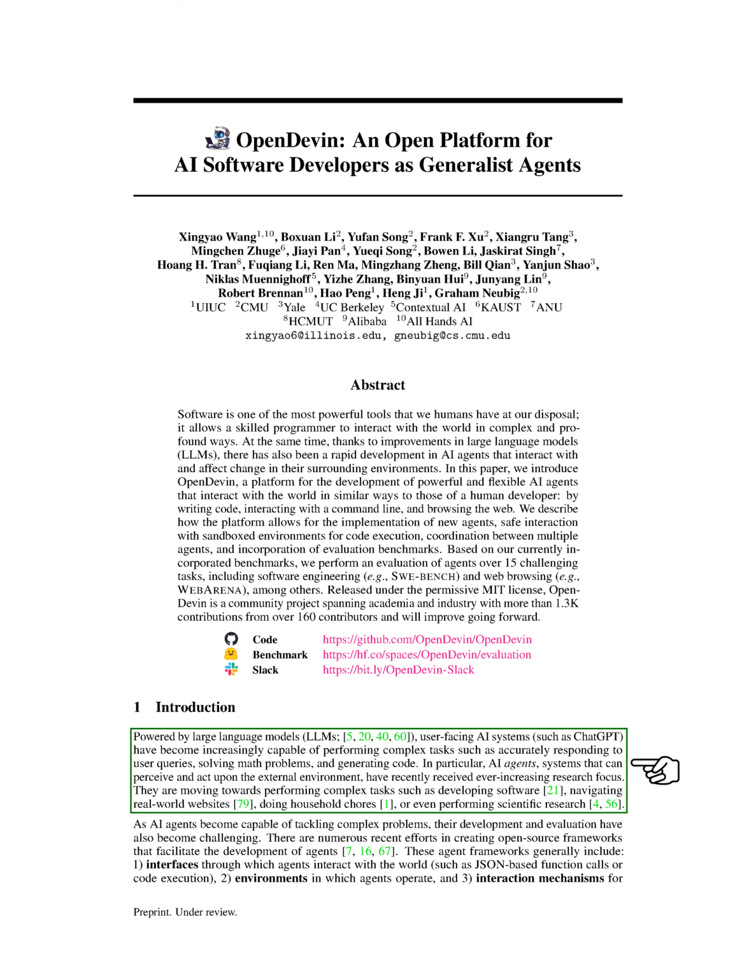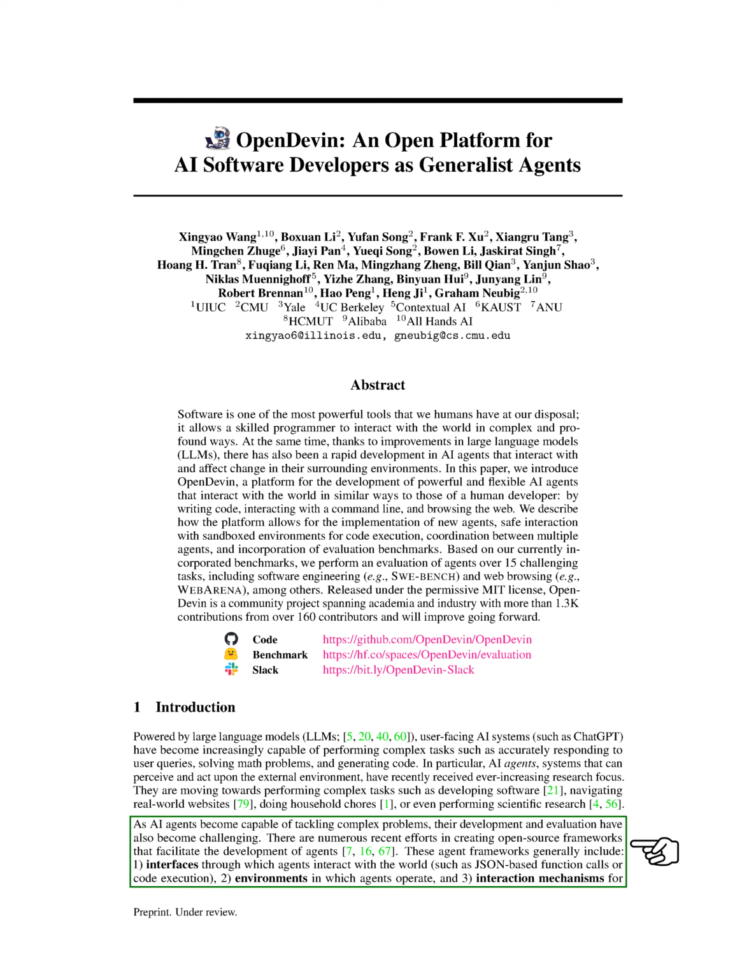Recently, there has been a growing focus on AI agents, systems that can perceive their surroundings and take action. These agents are evolving to perform intricate tasks such as software development, navigating websites, managing household chores, and even conducting scientific research.